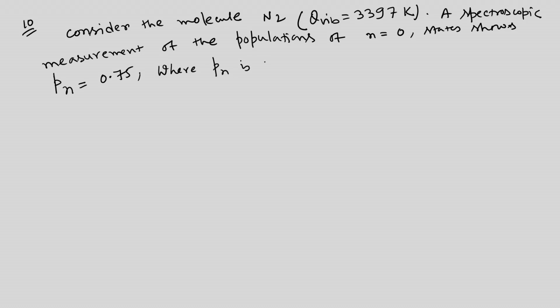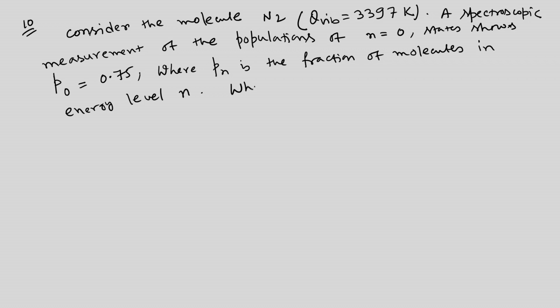Pn is the fraction of molecules in energy level n. So, here P naught is, we said P naught, not Pn, P naught is 0.75. So, what is the temperature of the gas?